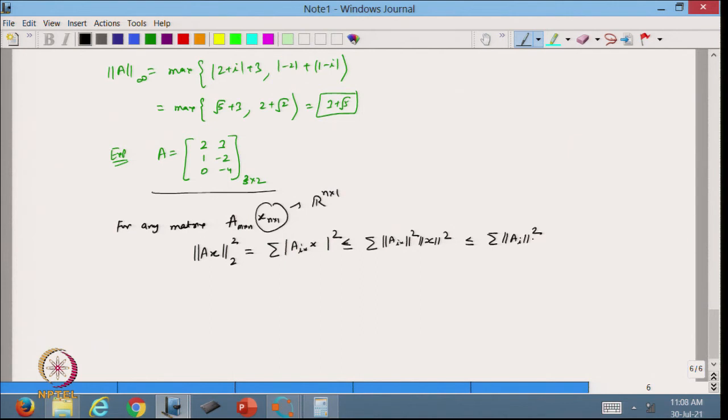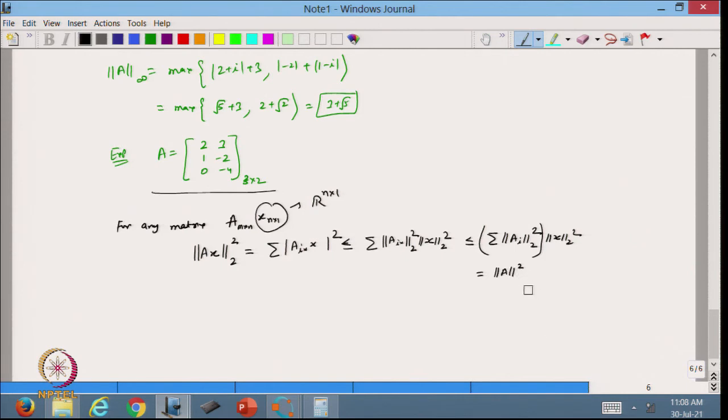So, this will be equal to the summation of squares, and now I am defining here that this value is just equal to the Frobenius norm.